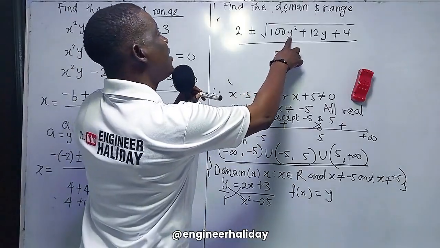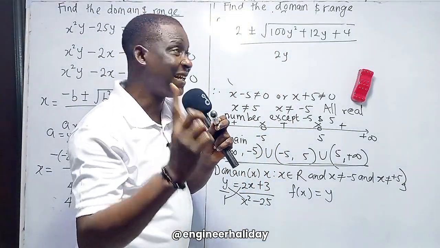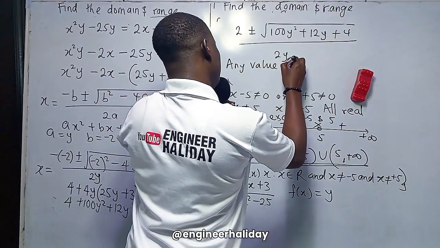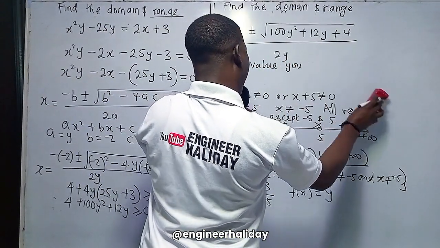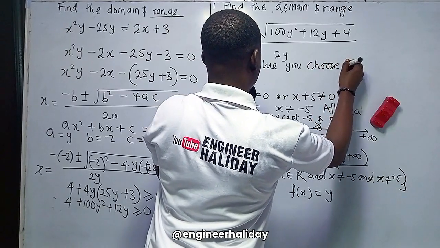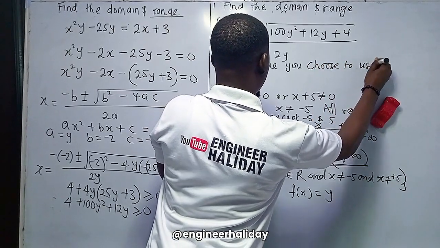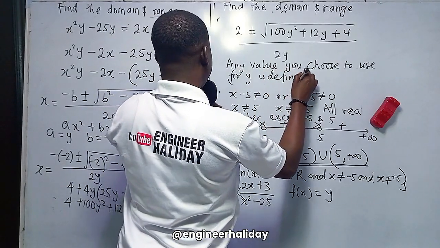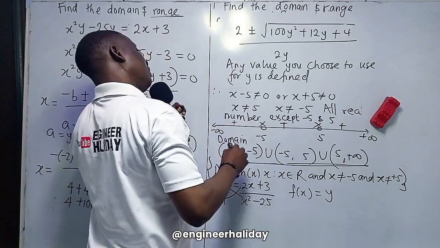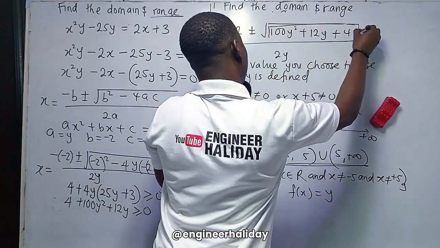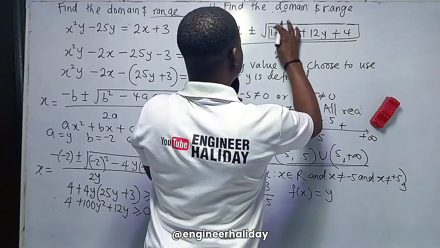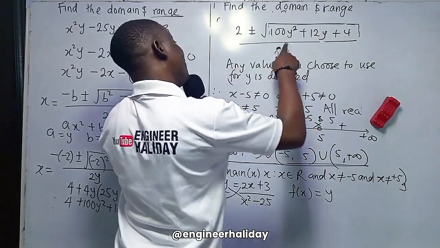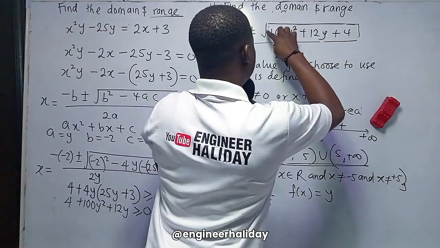So any value that you choose to use for y is defined for this particular function inside the square root. Don't forget that there is no way any value of y can give you undefined. You understand me now?